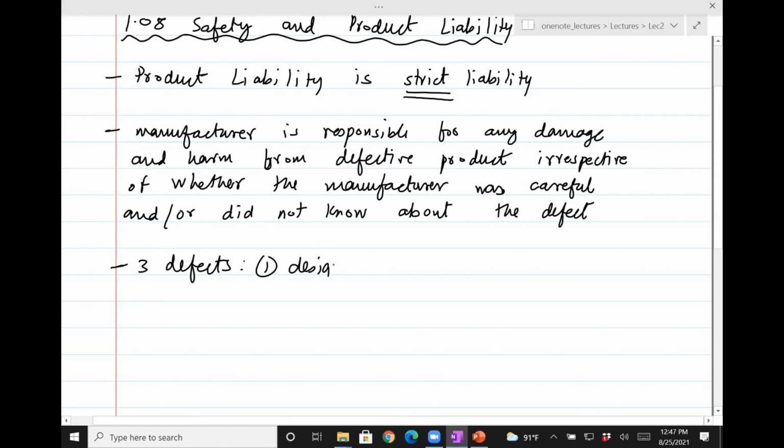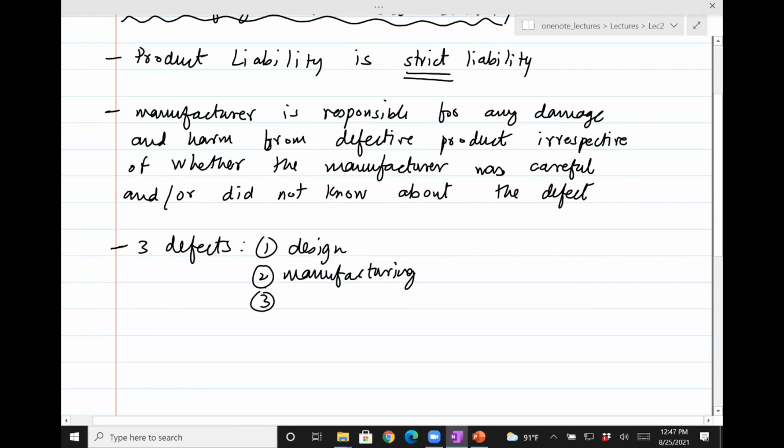One is the design defect. It could be a manufacturing defect. And the third one, and this is kind of important, is failure to warn. Okay, so an example would be, let's say that you make a helmet, and the helmet is to be used when you're riding a bike, but somebody uses the helmet on something else like skateboarding, and the person hurts himself or herself.